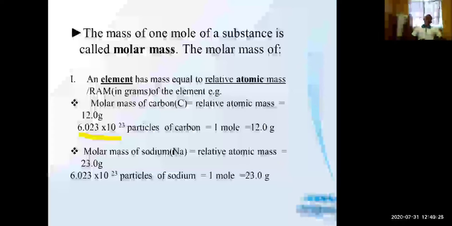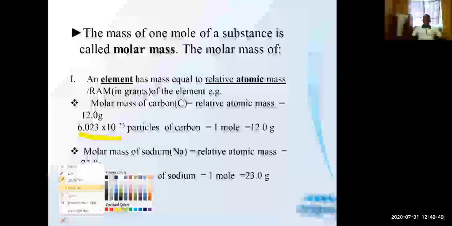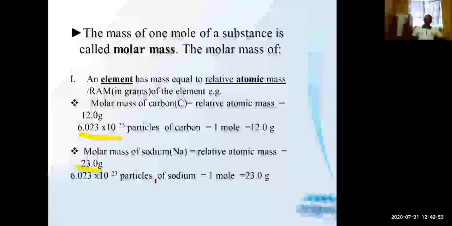And its atomic number is 11, or the number of protons, or the number of electrons of sodium is also equal to 11, but its relative atomic mass is 23. But don't be worried, all this we will be given in an exam, so you should not worry about that.